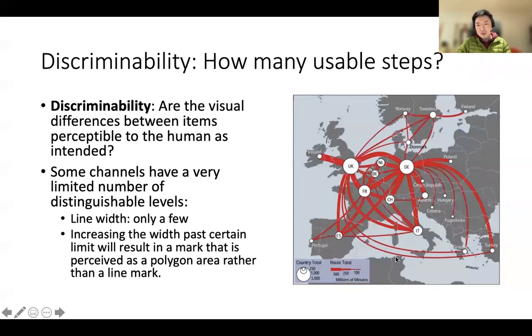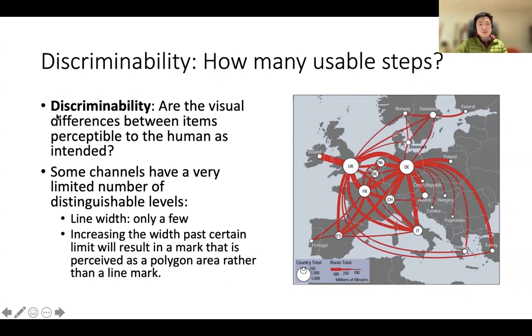Imagine you want to compare the width of this line between Greece and Germany and this line between Norway and Sweden. Because they are not next to each other, it's quite difficult to tell which one is thicker. Maybe Norway, but I'm not that sure. Or even maybe they are the same.